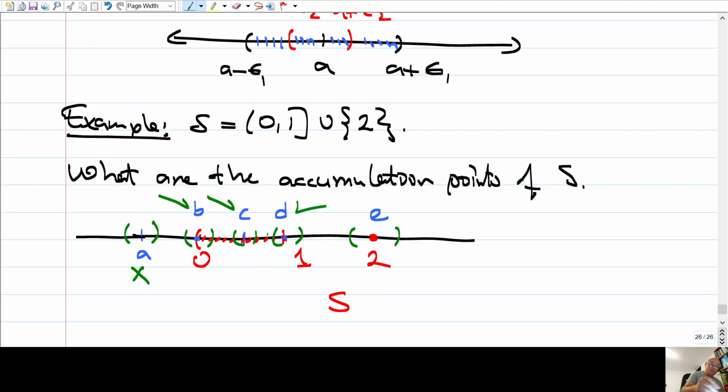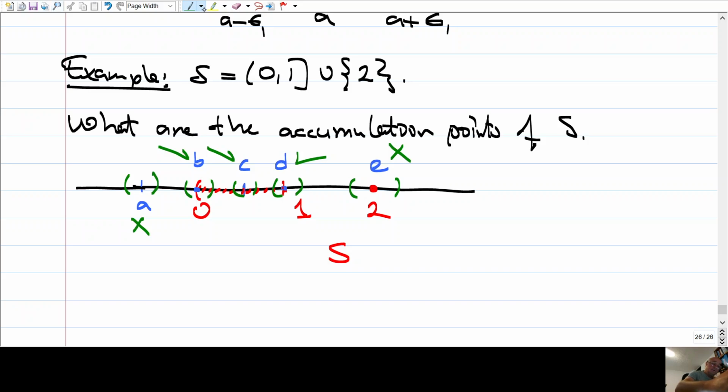If you choose a bigger epsilon, of course it contains infinitely many, but if you use a small epsilon, then this interval contains only one element from S. Therefore, E is not an accumulation point because every interval should contain infinitely many elements, and this 2 contains only one.